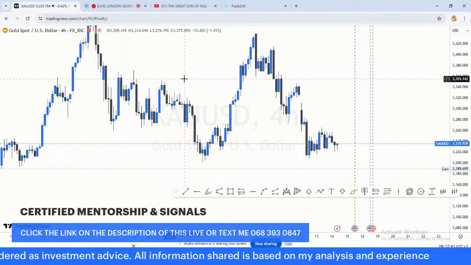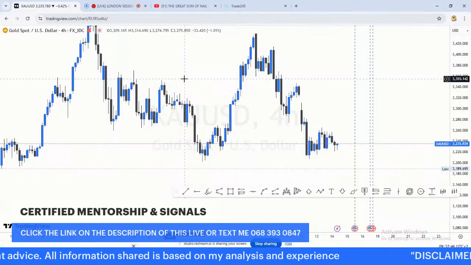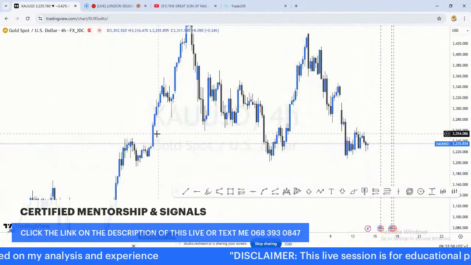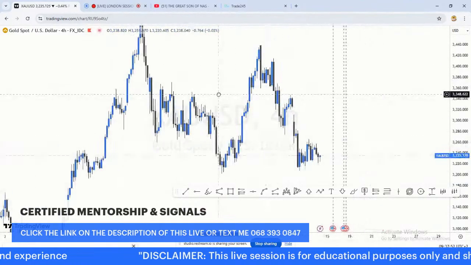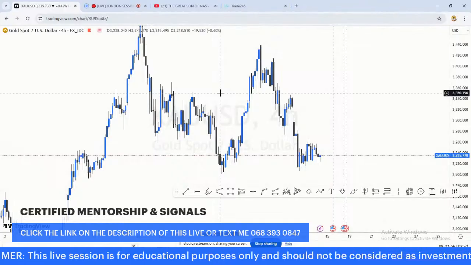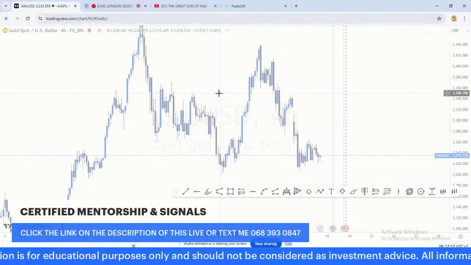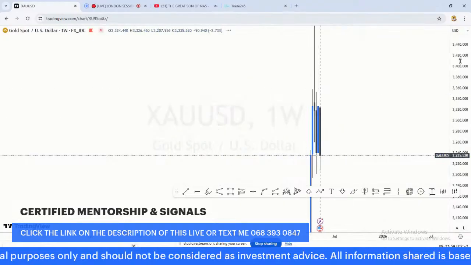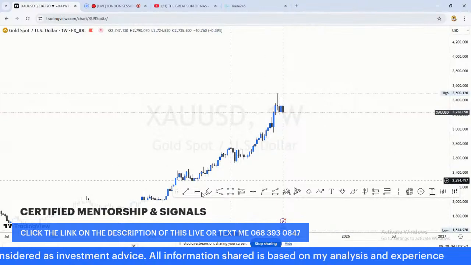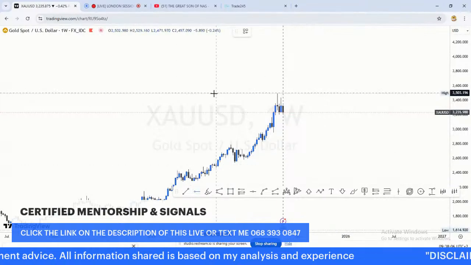Let's break it down, because sometimes you can charge it, but you'll never know if it's time for it to actually move. You understand? So let's check it.